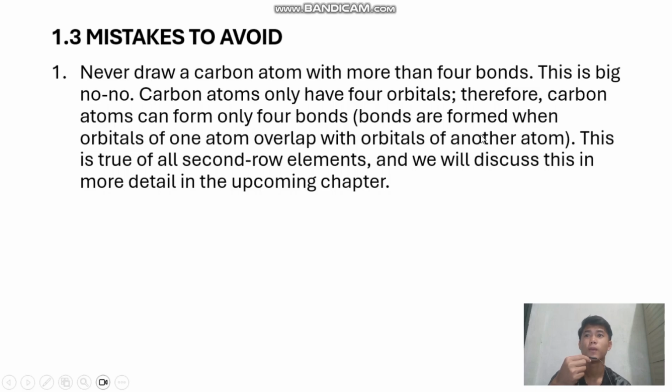Bonds are formed when orbitals of one atom overlap with orbitals of another atom. This is true of all second row elements, and we will discuss this in more detail in an upcoming chapter. So we'll just discuss this in chapter 2, so stay tuned.